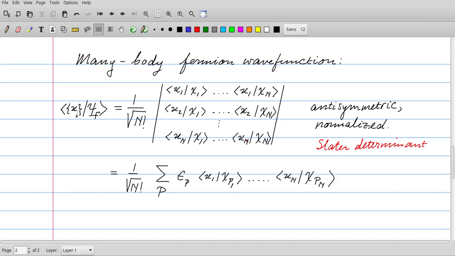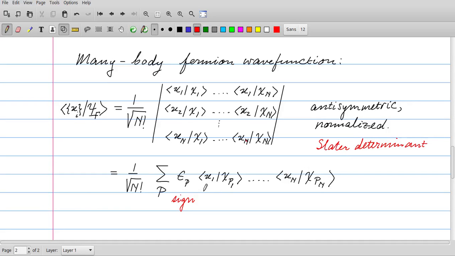Another way of writing this wave function is the following. We have the same prefactor for the normalization, and this is a sum over P, and P denotes any permutation of the numbers 1 up to n. So we sum over all the possible permutations, and we have then here this mysterious epsilon P, that's the sign of the permutation, and the sign depends on how many exchanges I have to perform in order to realize the full permutation.